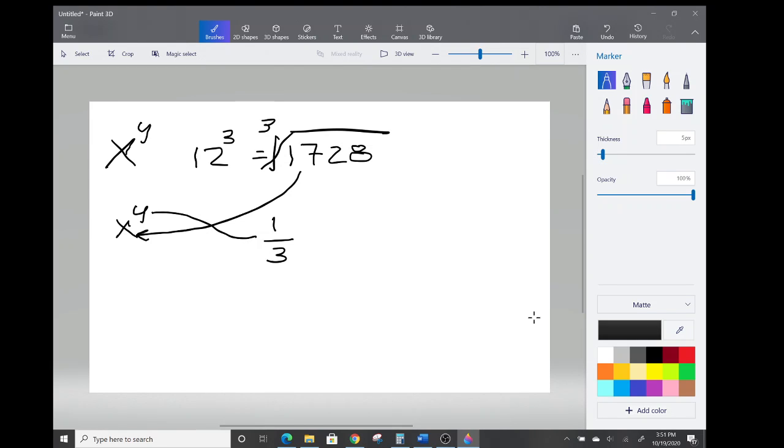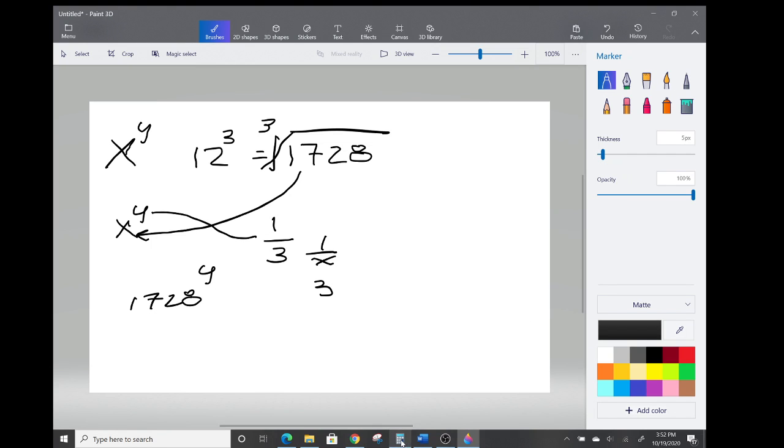So, you saw me do that on the calculator. We put 1728 in. And for y, I pushed in 3, then I hit the 1 over x key, right, to get the decimal equivalent of 1/3, and then hit this key again.